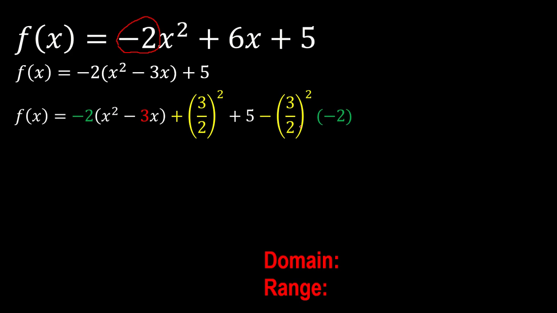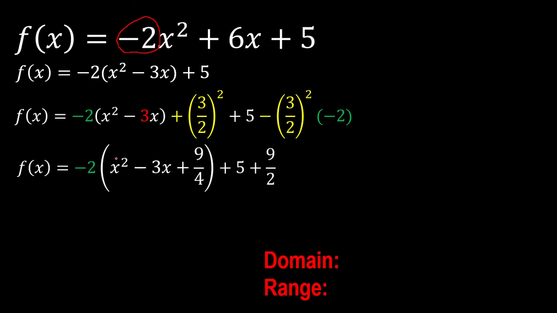Remember again, the result should be multiplied by negative 2. Let's simplify. We have negative 2 quantity x squared minus 3x plus 9 over 4. I forgot to put a parenthesis here.